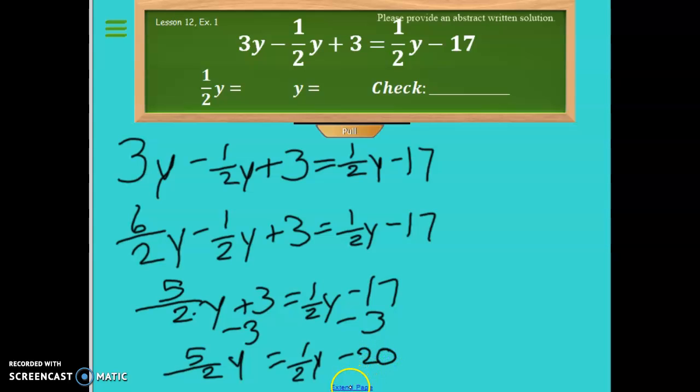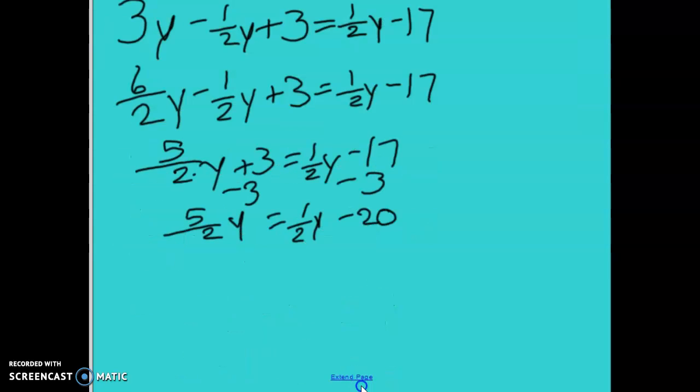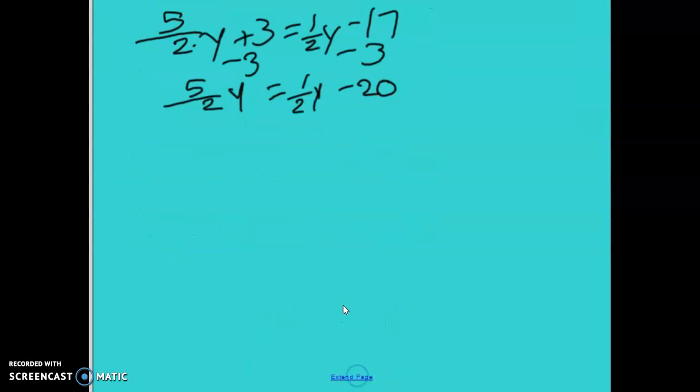Don't get tricked there with your integers, okay? I'm going to extend my page so that we can keep working. A little more. Okay, and then now I have 5 halves y equals 1/2 y minus 20.